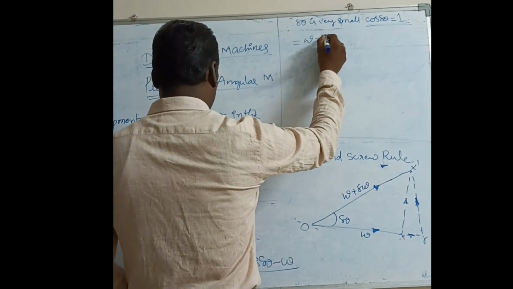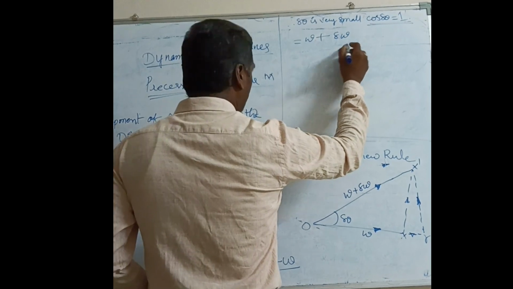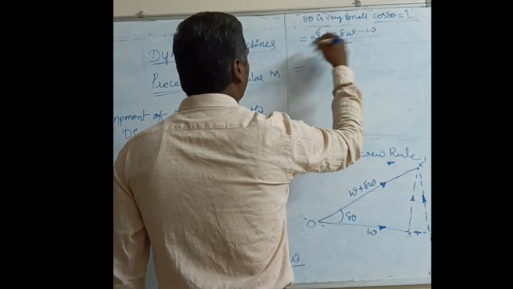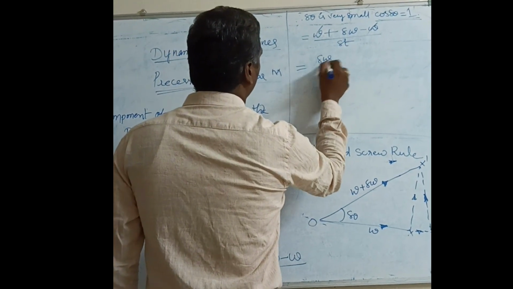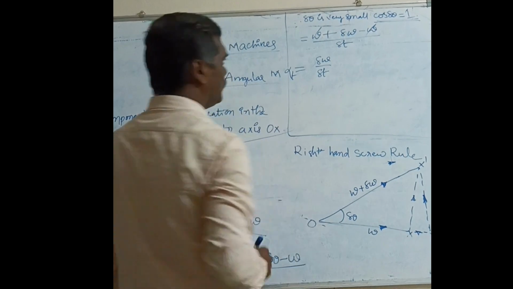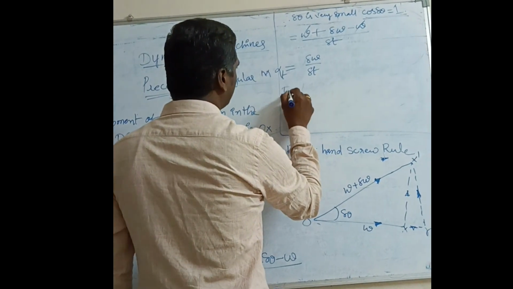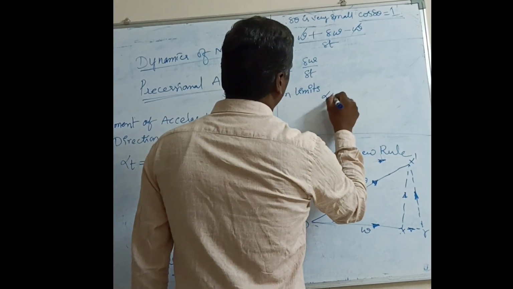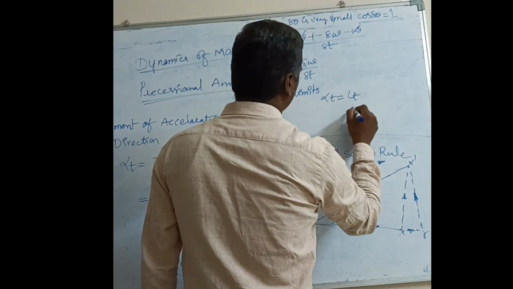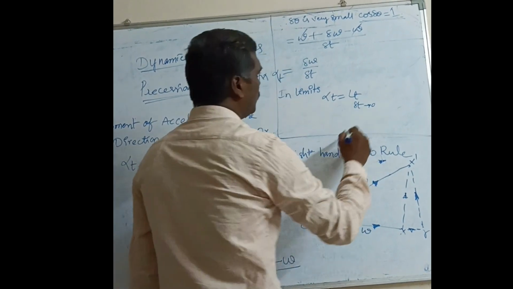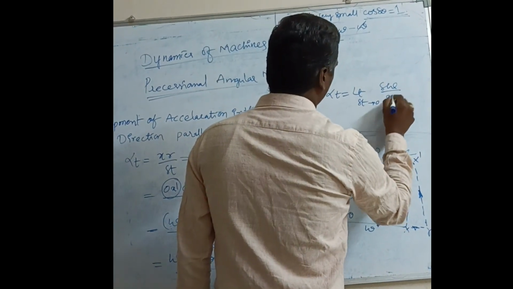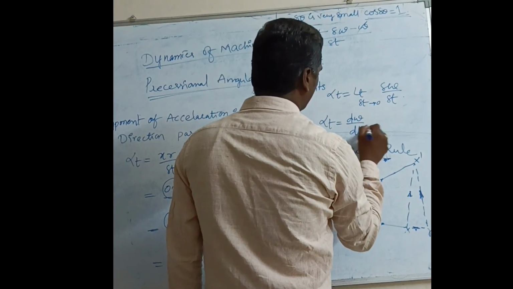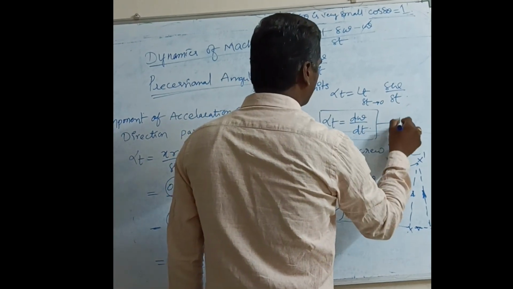We can write delta omega by delta t, as omega gets cancelled. Now apply limits: alpha t is equal to the limit as delta t tends to 0 of delta omega by delta t, which converts into d omega by dt. This is equation number 1.